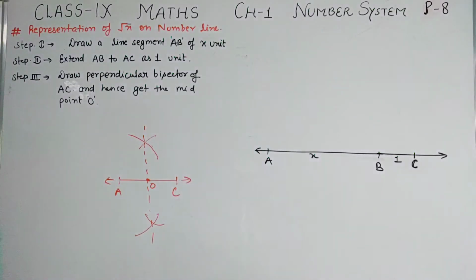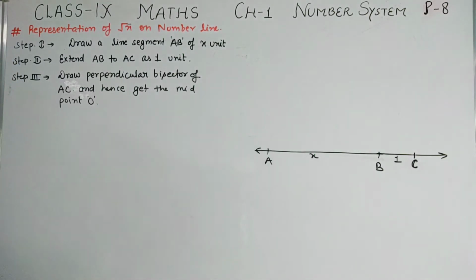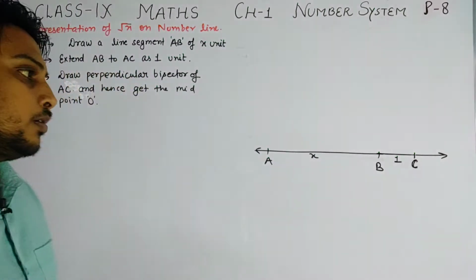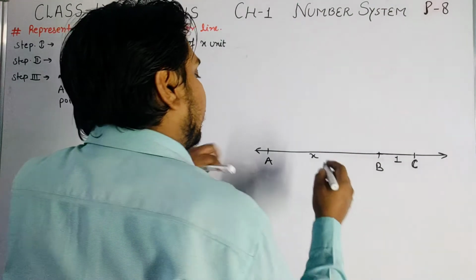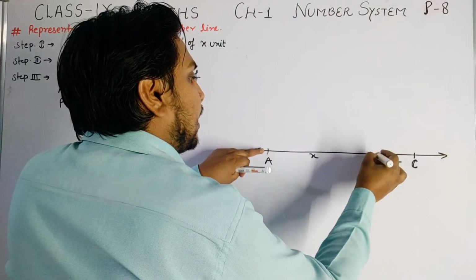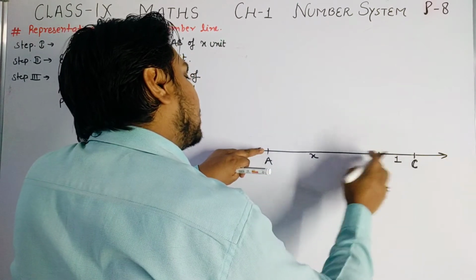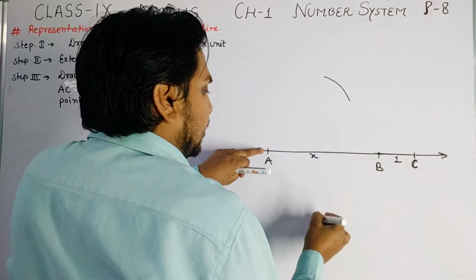Okay, so whenever we need to find the midpoint, we draw the perpendicular bisector. We keep the compass at A and, taking more than half of the distance AC, we mark an arc upward and downward of this line.